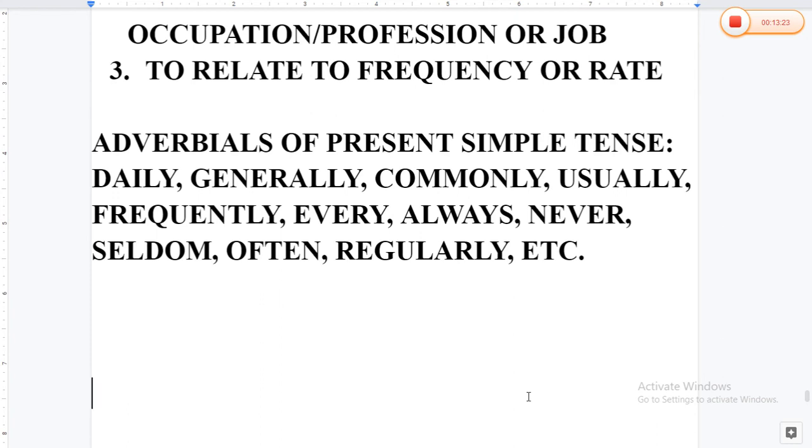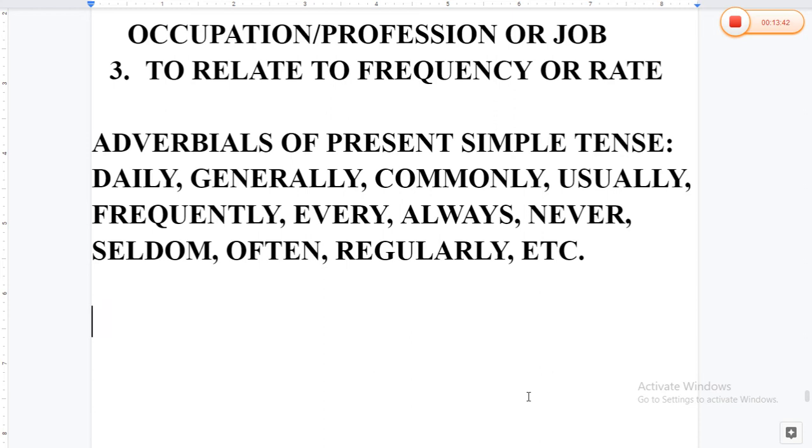Adverbials are called recognition words of a tense. Recognition means if these words are there in the sentence, it is a present simple tense statement. So now let's see some examples.